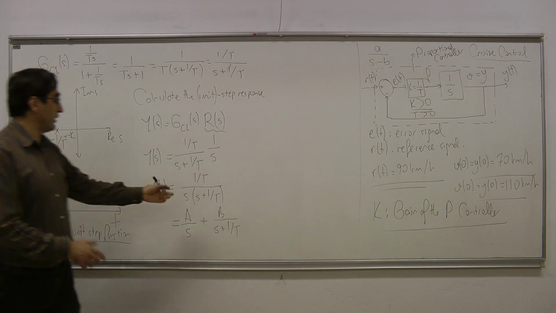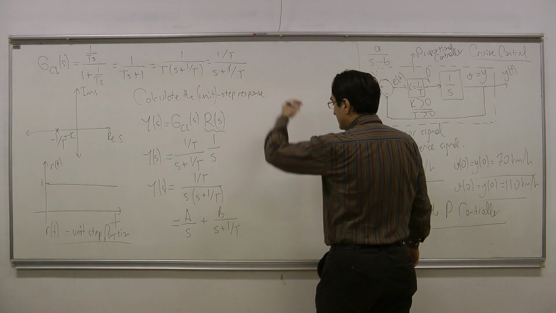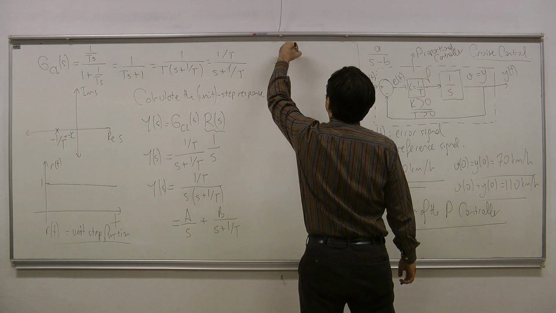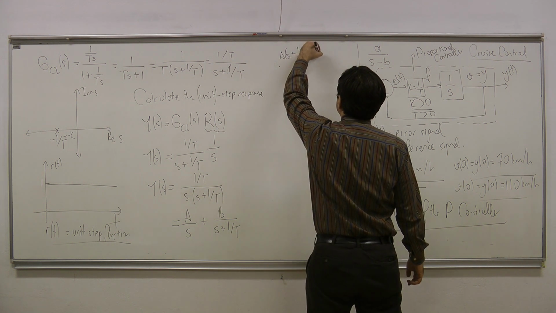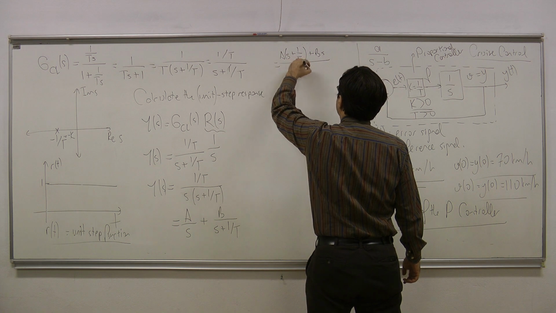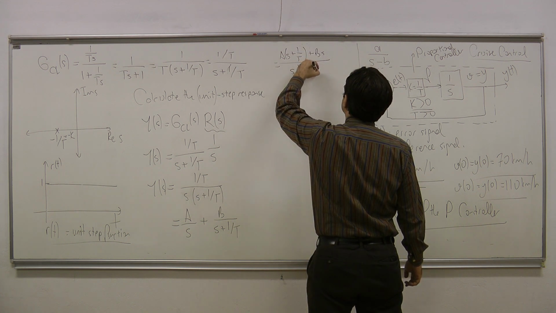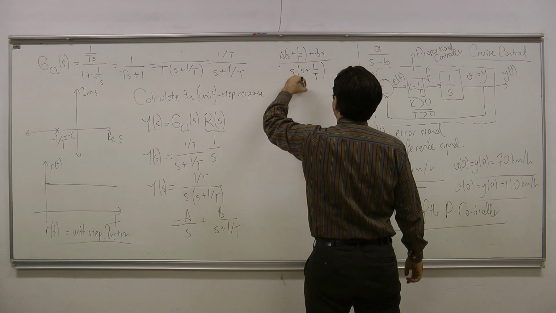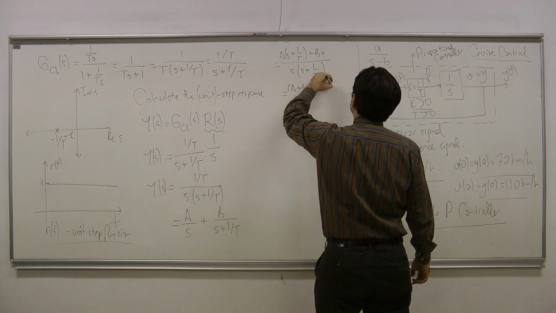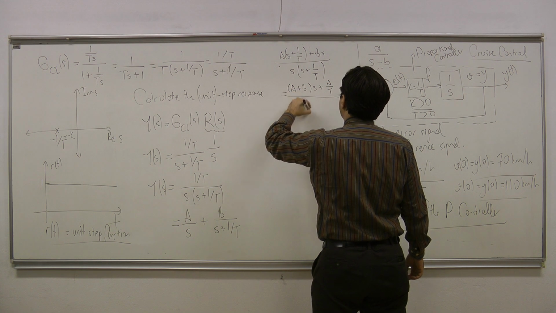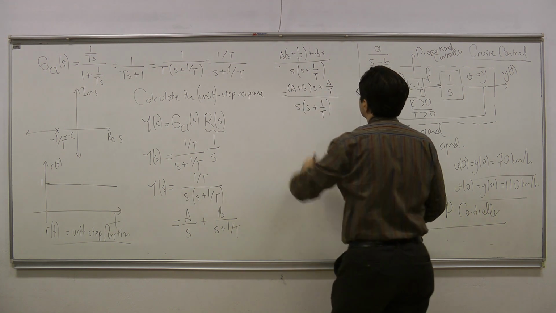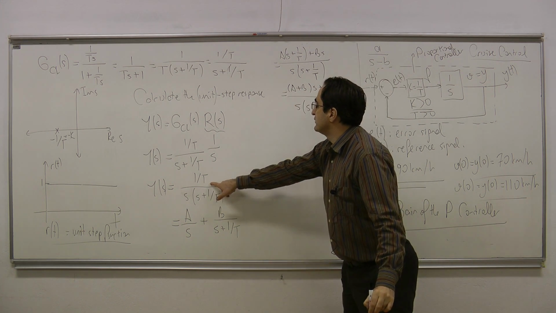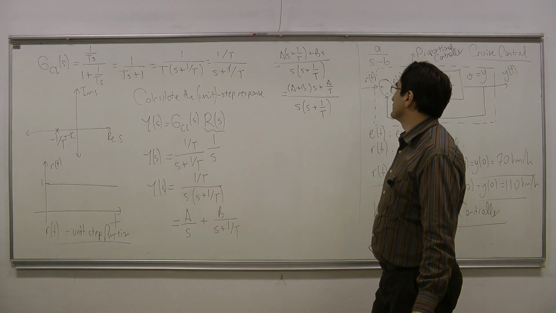So now let us equate the denominators here. So I would have as plus 1 over t plus bs divided by s plus 1 over t. So I would have here a plus bs plus a over t divided by s plus 1 over t. So now I have to equate the numerators of this transfer function and this transfer function. Okay?